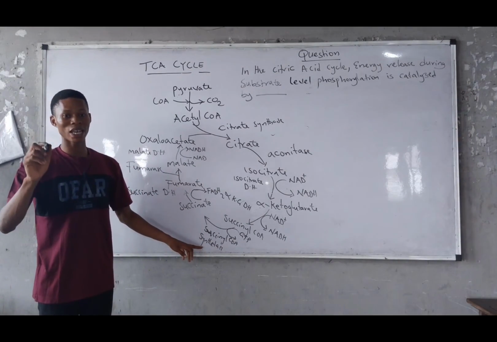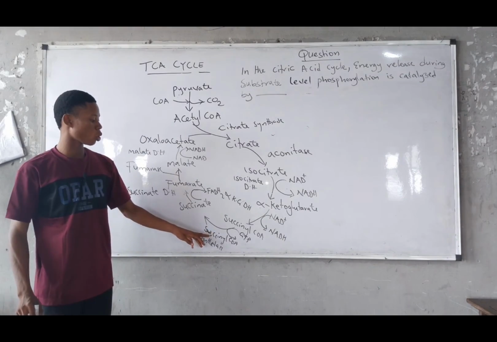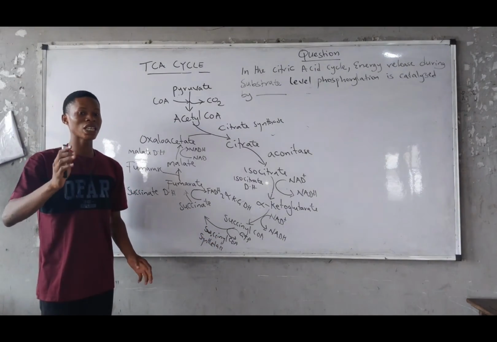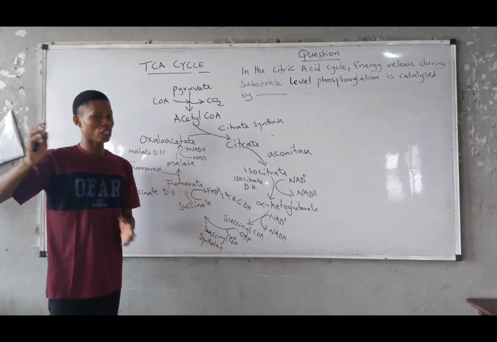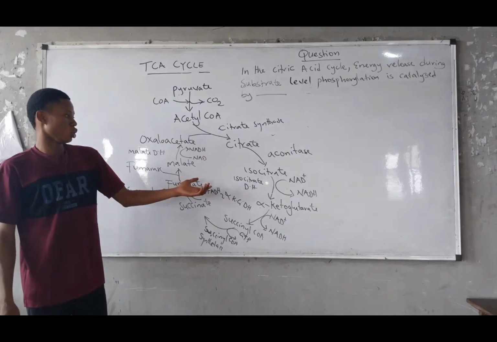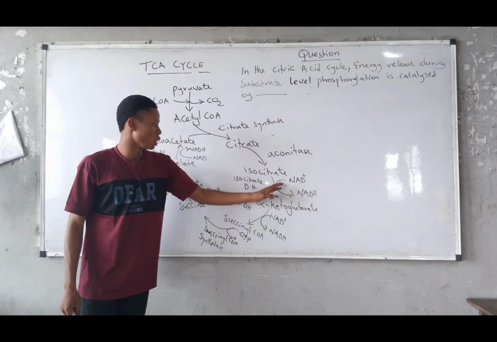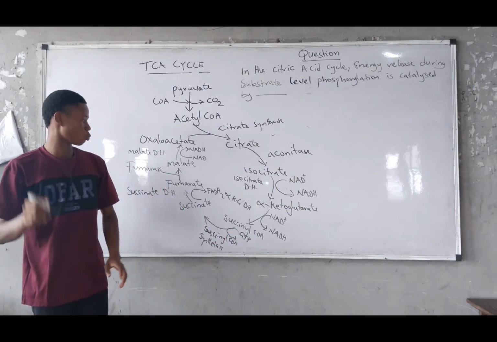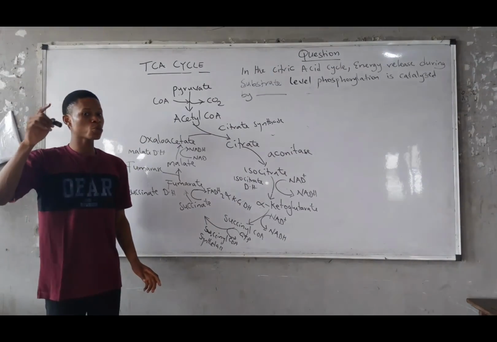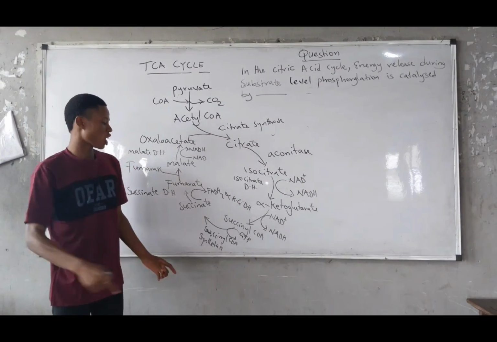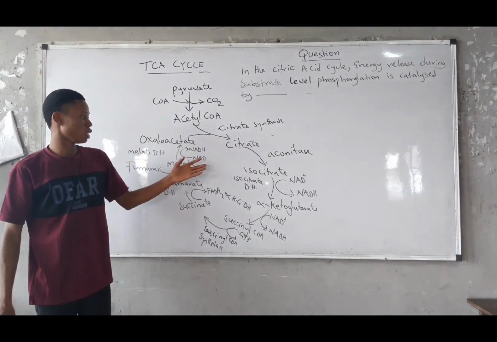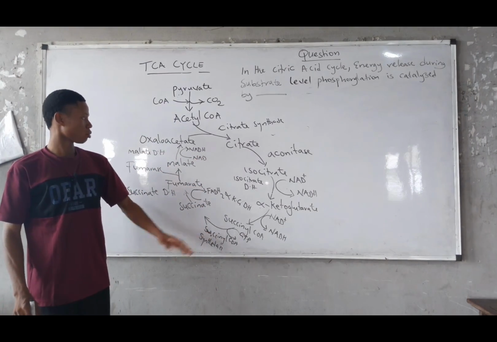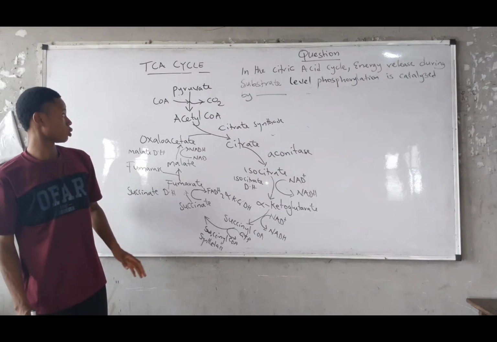So take note, if they say oxidative phosphorylation, look at any of these steps where NADH or FADH2 was produced. But if they say substrate level phosphorylation, check for GTP or ATP. That is a simple trick to getting it. So that's the name of the enzyme catalyzing that reaction.